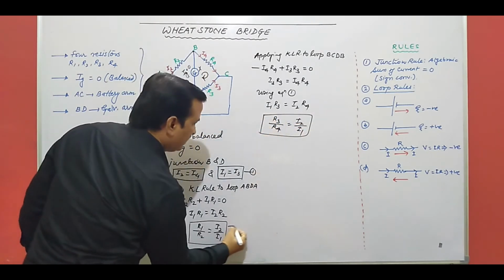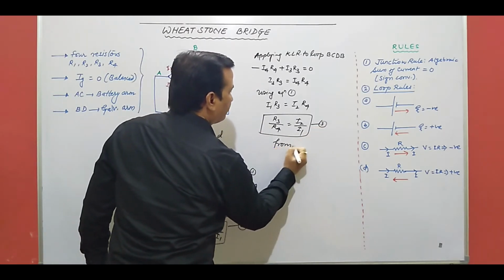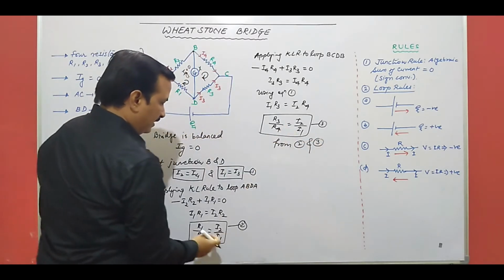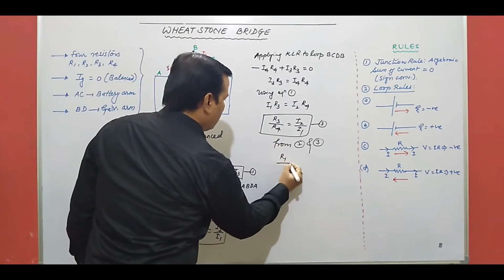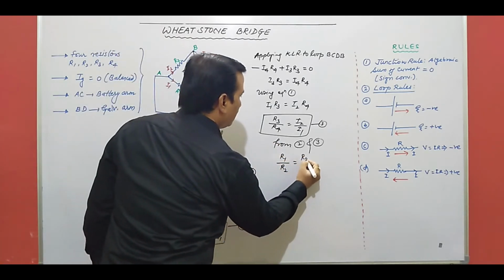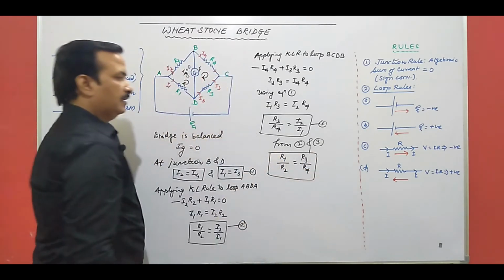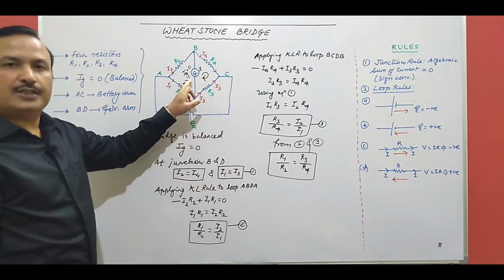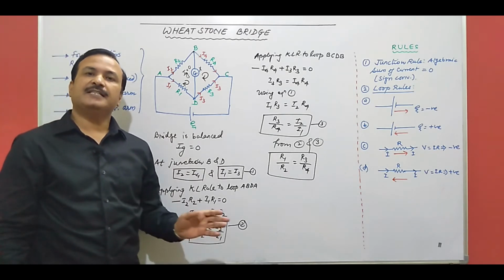Okay, if we treat this as equation 2 and this as 3, so from 2 and 3 you see I2 upon I1, here also I2 upon I1, the left sides are equal, so R1 upon R2 equal to R3 upon R4. You can see from here, this is the ratio of the currents of these arms when there is no current through the galvanometer. That means the bridge is balanced.